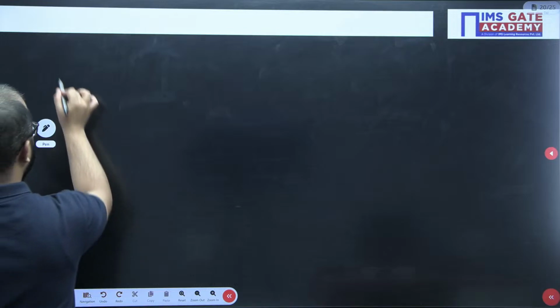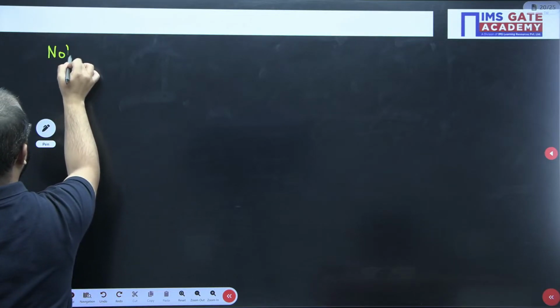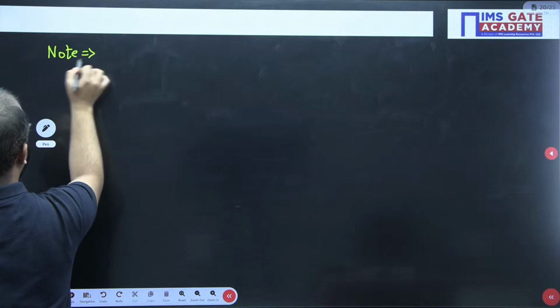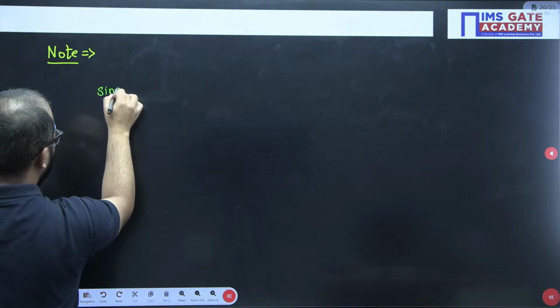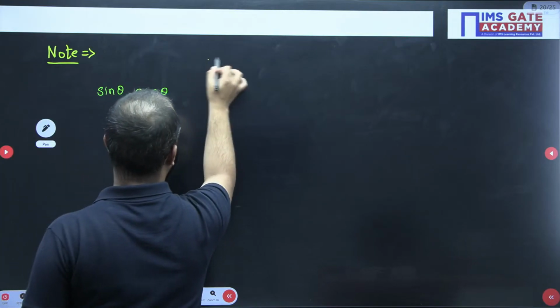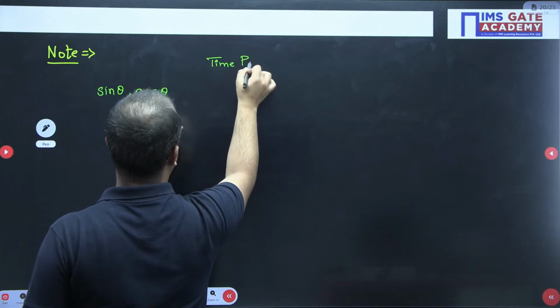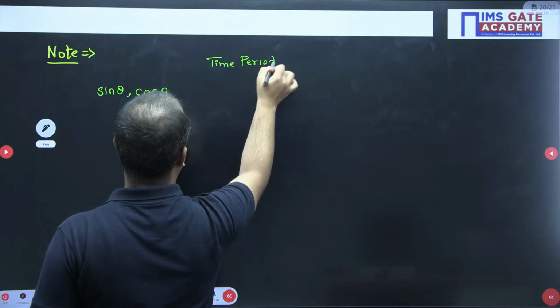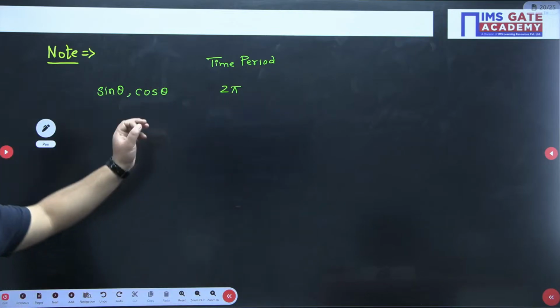Right, now as a note point you should write here: if I ask you what is the time period of sin theta or cos theta, what will be the time period? Time period will be 2 pi. Okay, the answer will be 2 pi.